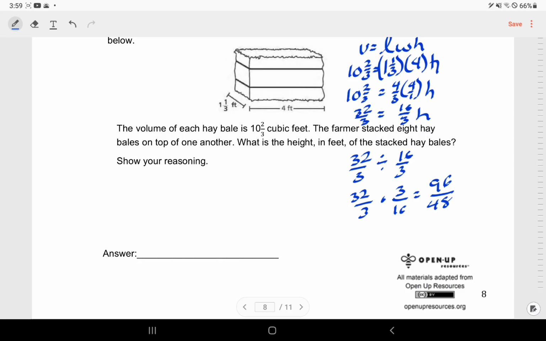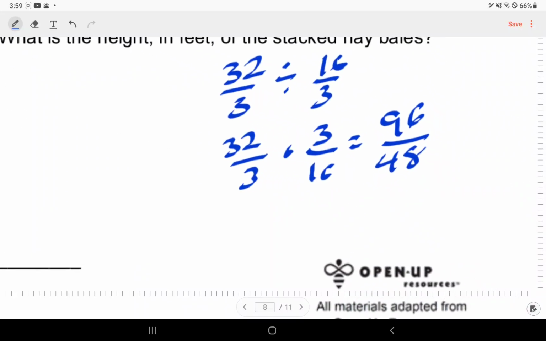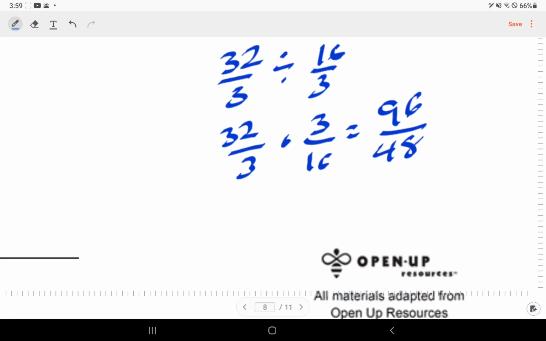Well, I know what goes into both, but I'm going to do this in a simpler way so that you're clear on what happened. So 2 goes into 96. 2 goes into 9 4 times with 1 left over. 2 goes into 16 8 times. 2 goes into 48 24 times.